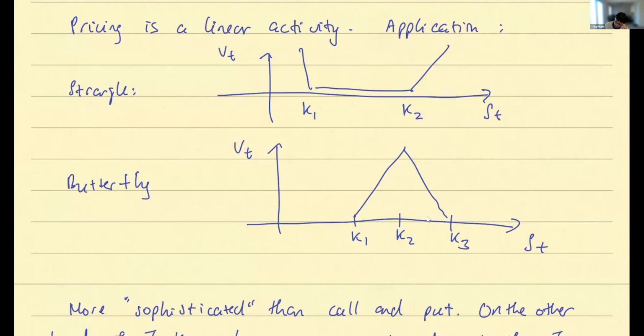So for example, we talked about how a strangle fits the risk appetite of someone who thinks that the stock will fluctuate a lot, that volatility will increase in the future. A butterfly fits the appetite of someone who thinks that the volatility will be small in the future.